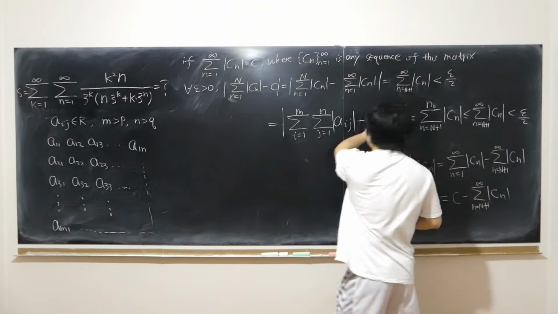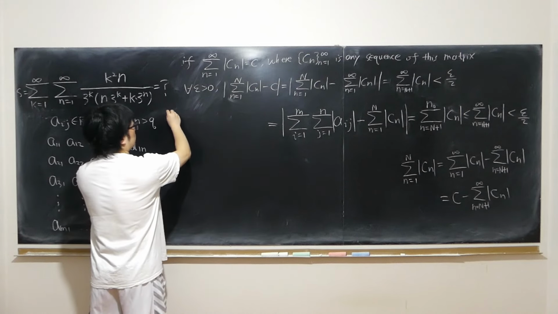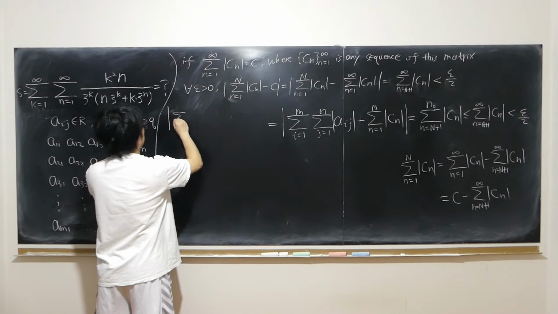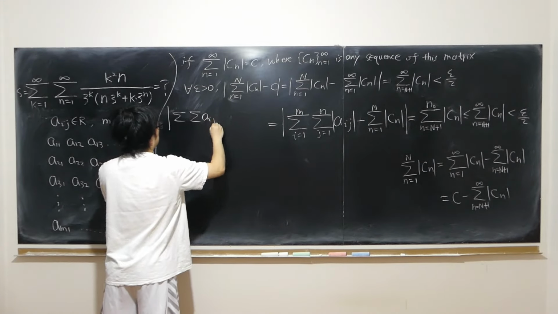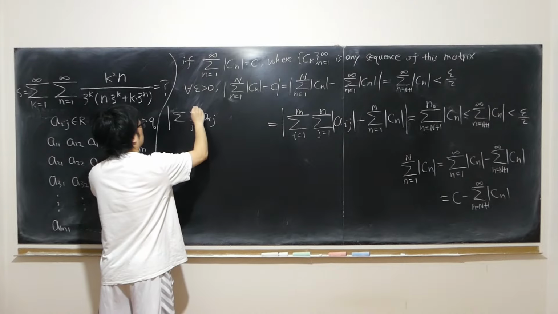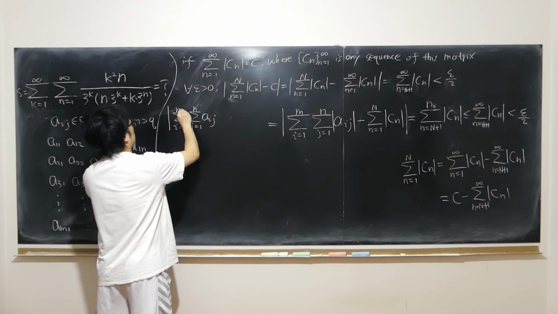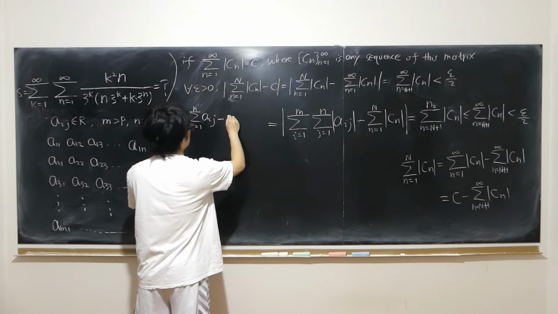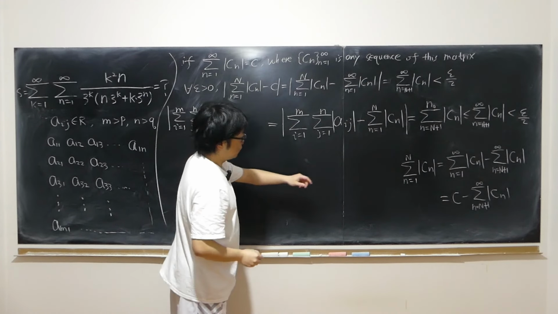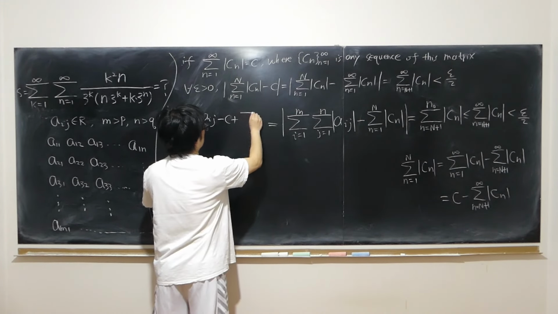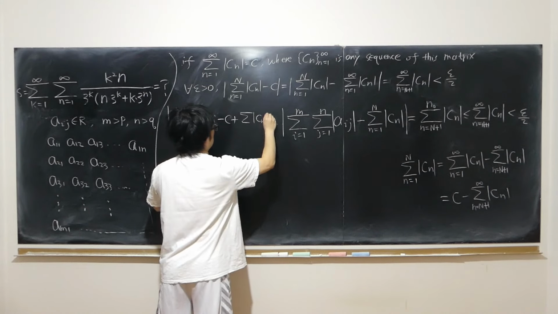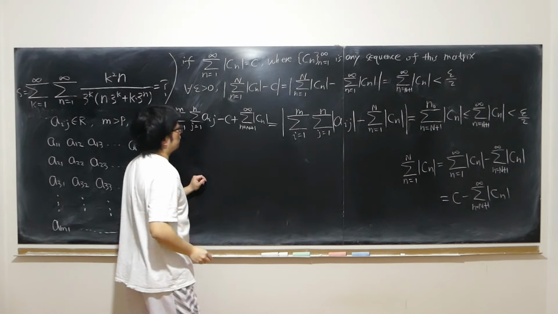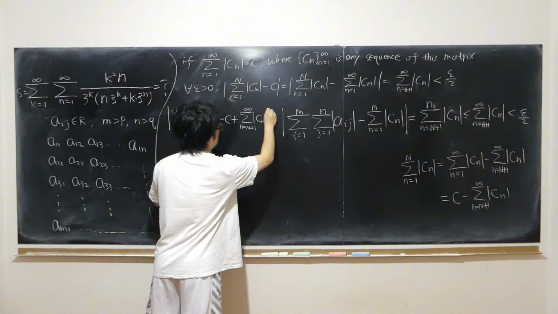So let's rewrite this. You have the finite sum i from 1 to n. Then you rewrite that: C, minus becomes plus, the sum of Cn, n from capital N to infinity, as a value.